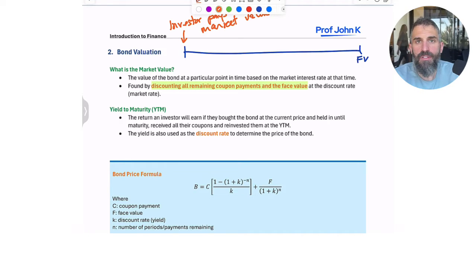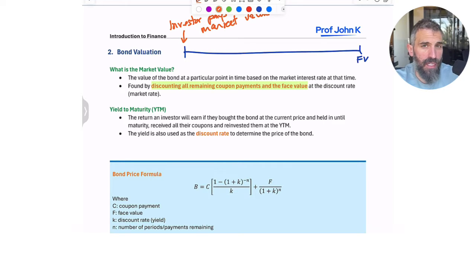And basically what it is, is the global interest rate in the market, corresponding to the level of risk of this bond. Now, every bond does not have the same risk. That's why every bond doesn't have the same yield to maturity. Some companies are just riskier than others. And the basic rule when it comes to investing, and not just for bonds, but for anything, is the riskier the investment, the higher the required return.